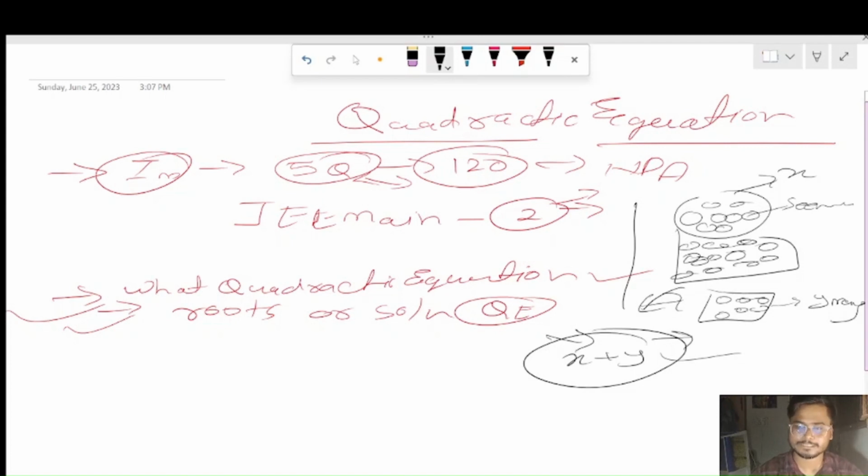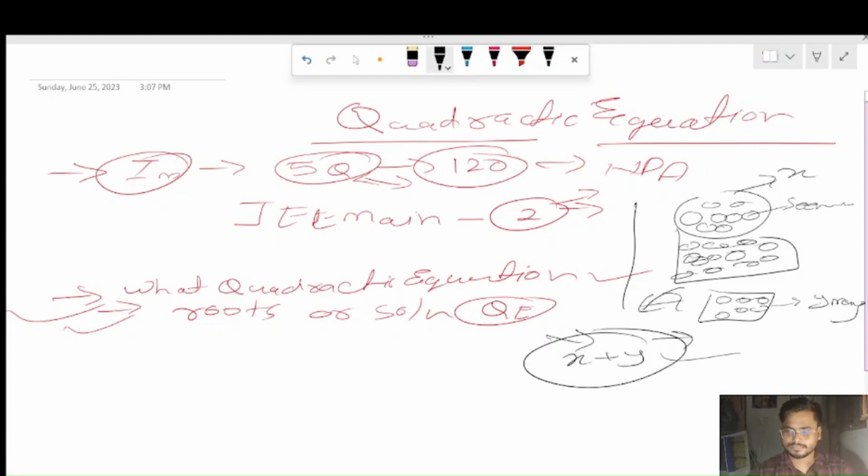X plus Y is the expression, and there are lots of kinds of expressions which we can deal with: linear expressions, quadratic expressions, cubic expressions and so on. Today we are going to learn about quadratic equations. So we will first see what a quadratic expression is.